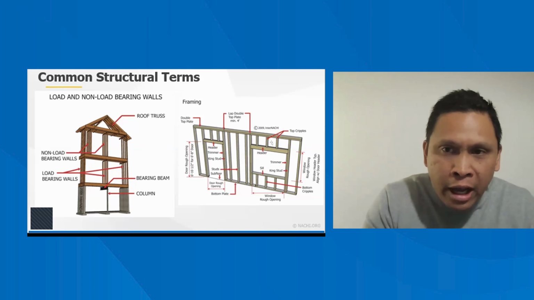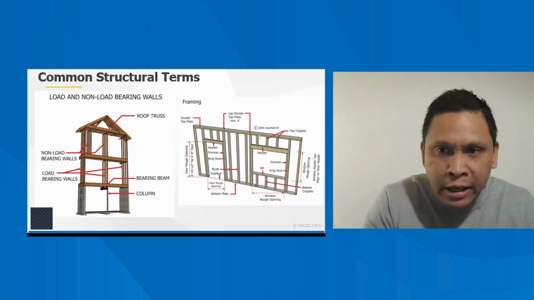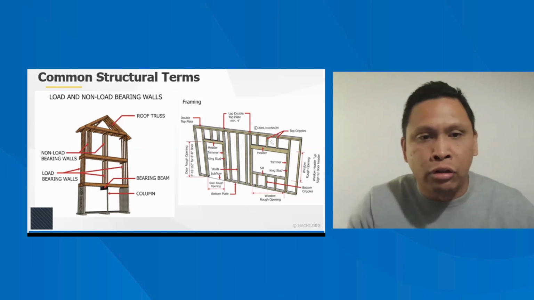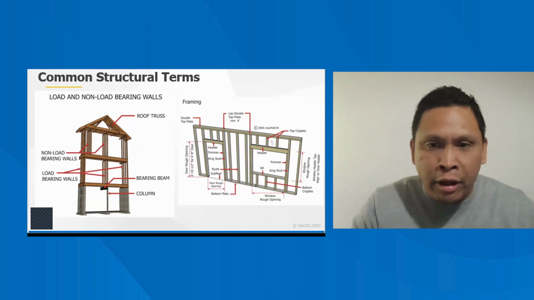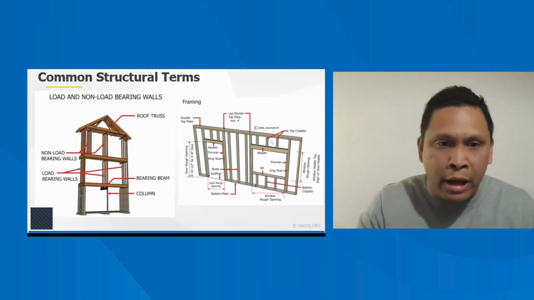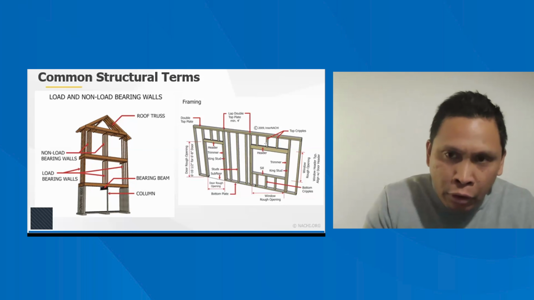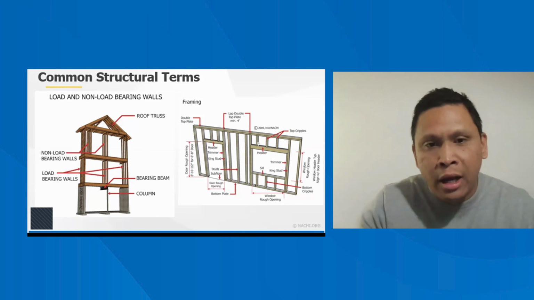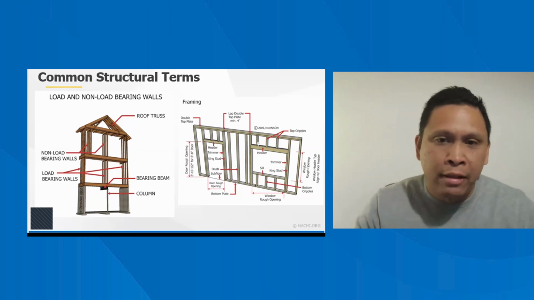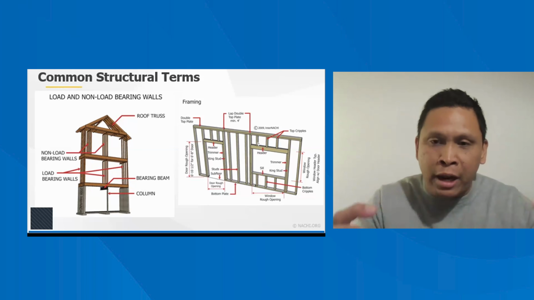Moving to the right diagram here, you'll see tiny studs known as cripples that are around a door opening. You'll see this horizontal member here, which is called a header, a horizontal piece of framing that's meant to help support that opening.